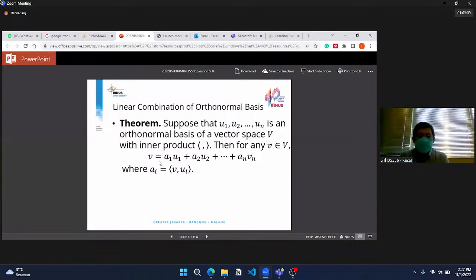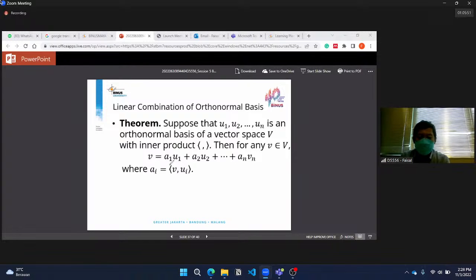If we have any vector V in a vector space, and we also have an orthogonal basis U1 to Un, then because U1 to Un is a basis, V is a linear combination with respect to this basis.